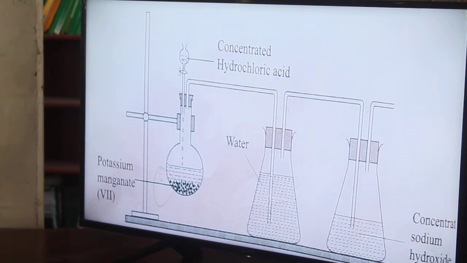The second way is to use concentrated hydrochloric acid on manganese(IV) oxide. But remember, whenever you use manganese(IV) oxide, heating has to be involved.